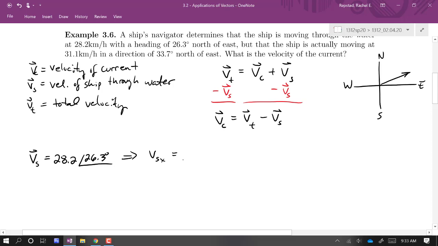We'll do magnitude times cosine, and then magnitude times sine to get the y component.